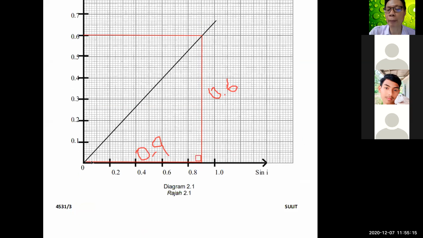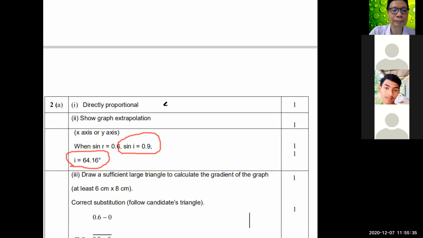Remember, the graph has to be shown. You show 0.6 here and 0.9 here. If there's a unit, you write the unit, but so far for this question there's no unit. So the gradient is 0.6 divided by 0.9. Let's check the answer.